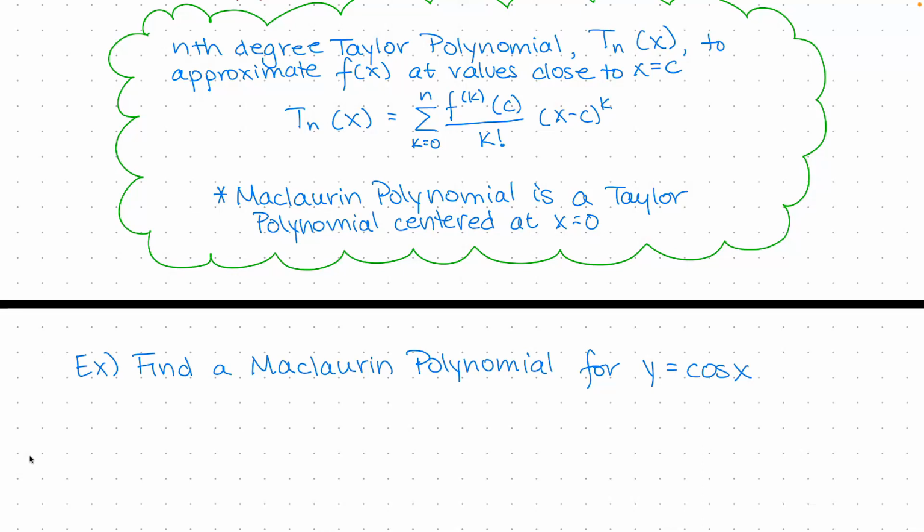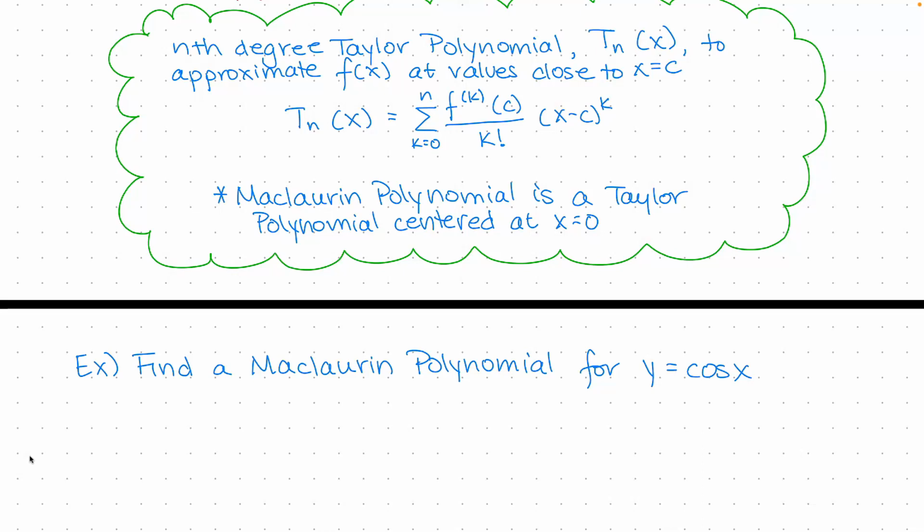Now, the wording here doesn't tell us what degree to go to. If it doesn't tell you a specific degree to go to, then generalize, and you're going to have something that would represent any degree. You're going to go to an nth term. You'll see what I mean by that. Sometimes a problem will tell you a specific degree. Sometimes it doesn't.